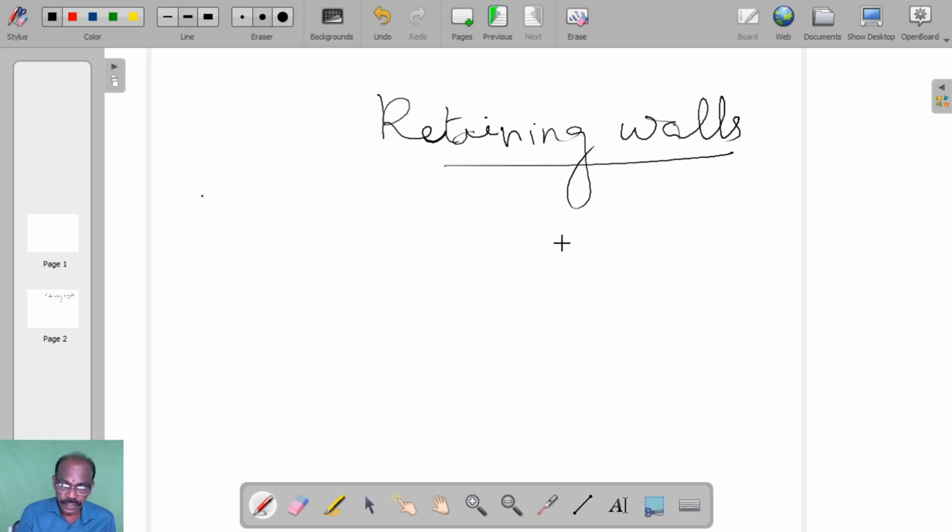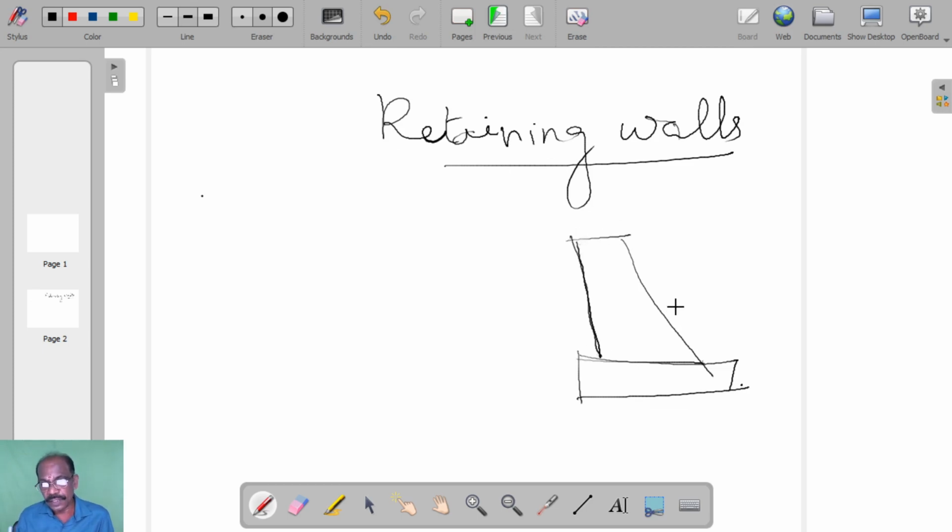Now this is a retaining wall, a cross section of it. Here the face is vertical and here the face is inclined.